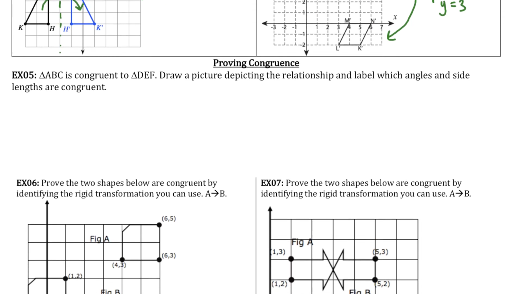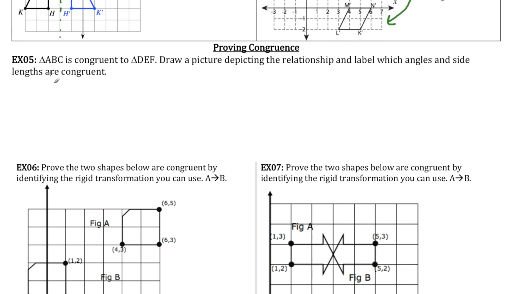So let's start proving some congruence. It says triangle ABC is congruent to DEF. Draw a picture depicting the relationship and label which angles and side lengths are congruent. Okay, so there's a lot there. So let's make two congruent triangles, ABC. Now we're going to try our hardest to make sure that this next shape, DEF, is congruent.